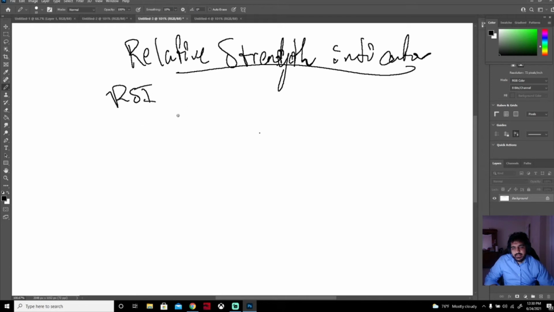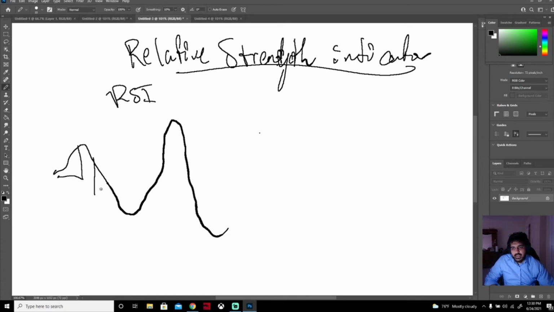So with the RSI, what you do is, say you have a whole bunch of movement, and what you do is you section it out. You're doing a 14-point SMA. It's an EMA actually, but this is not a traditional EMA.